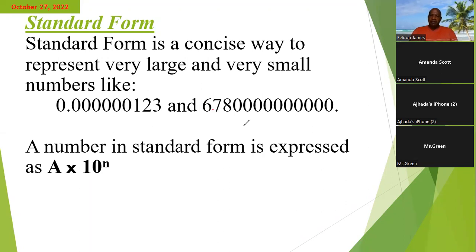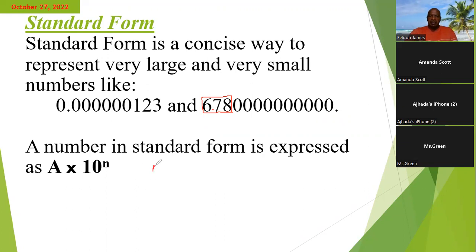Now, after we have done that, all the non-zero digits, which would be 6, 7, and 8, these non-zero digits we now use as A. All the other zeros that follow, we are not going to be putting them in A, so we're just going to drop off these zeros.